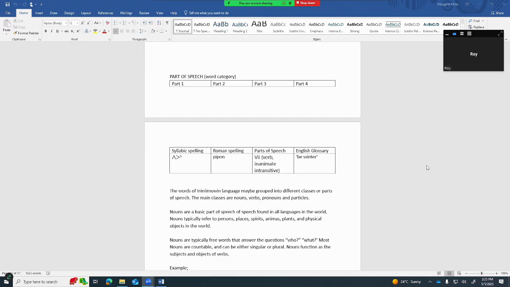So nouns refer to persons, places, spirits, animals, plants, and physical objects in the world. Nouns are typically free words that answer the questions who and what. And most nouns are countable and can be either singular or plural.